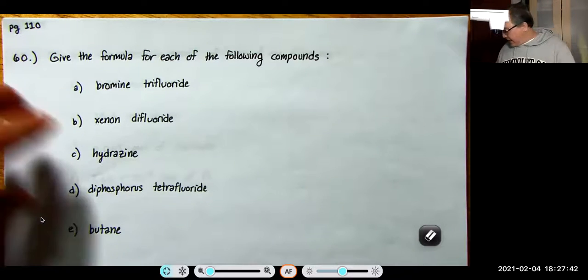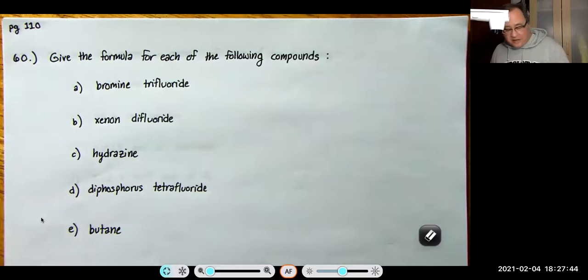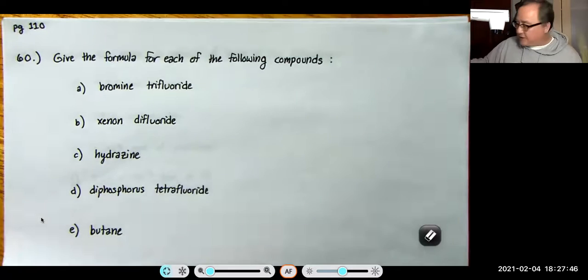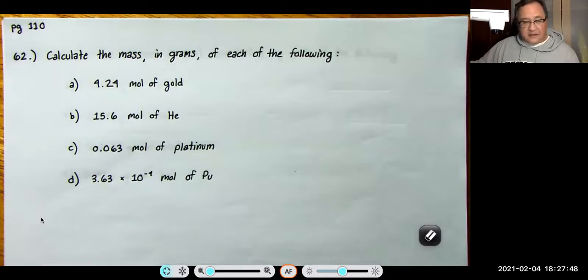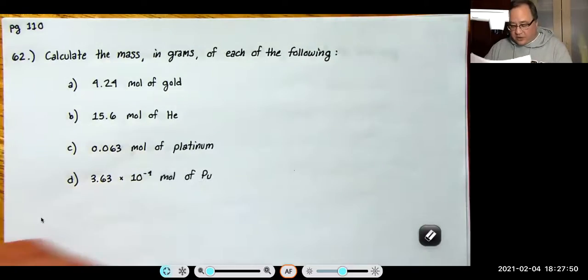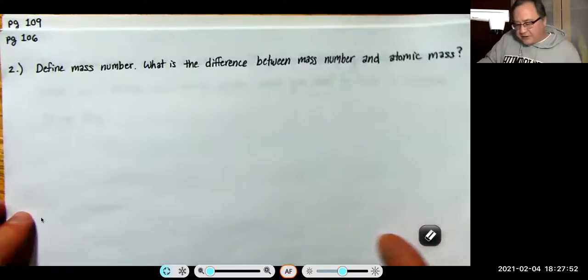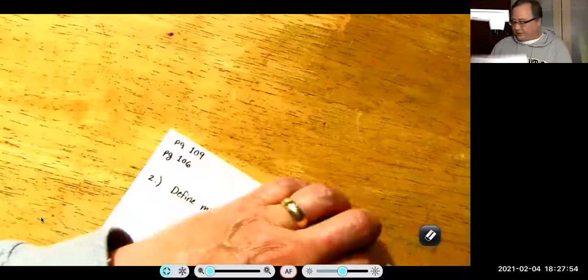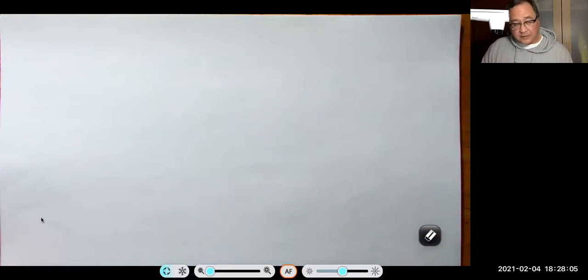Okay. So any questions about those molecular compounds, how to name them, how to get the formula? There being none, then we're going to go on to ionic compounds. So I'm going to teach you some things about ionic compounds that you definitely will want to know to be able to get formulas and names of compounds. So I'm going to zoom out here.